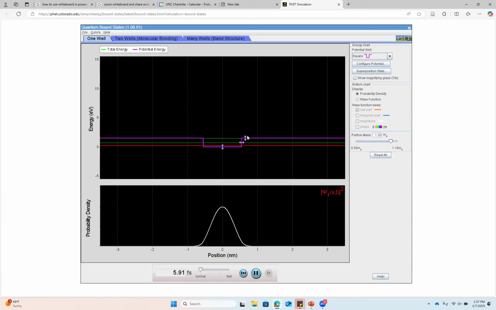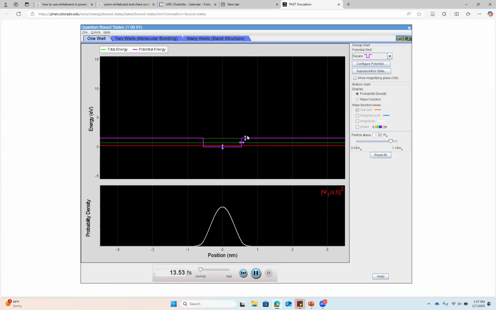Inside the well, the psi has a function that looks like the following. And outside, the wave function looks like the following, where alpha is related to the difference between the potential well and the energy.